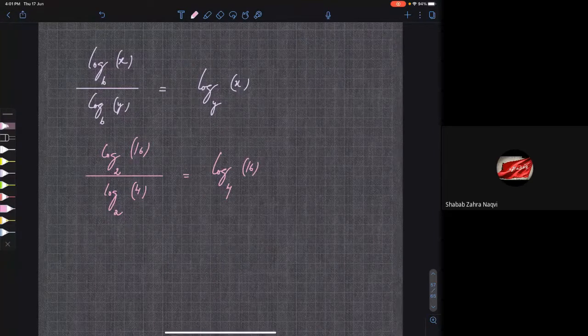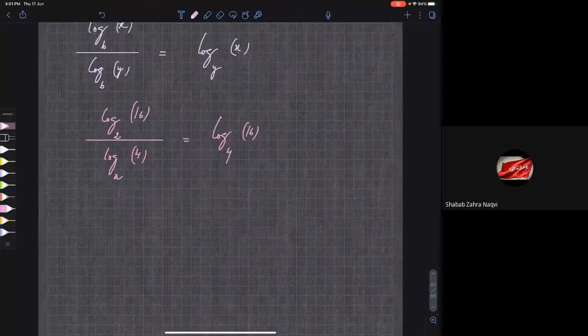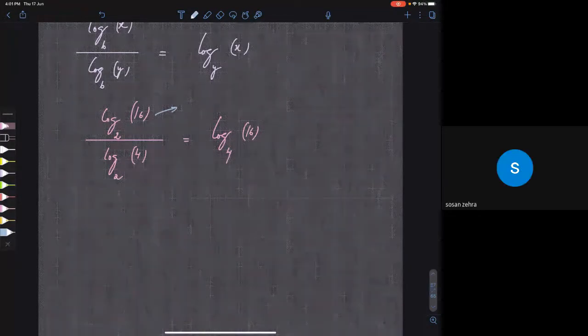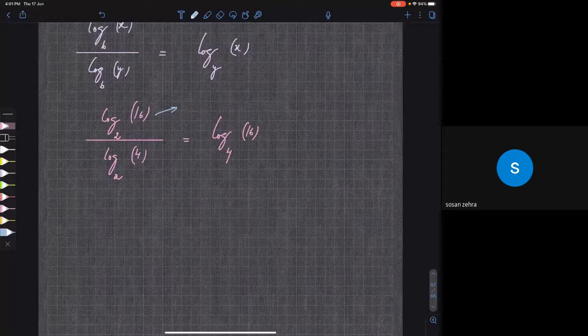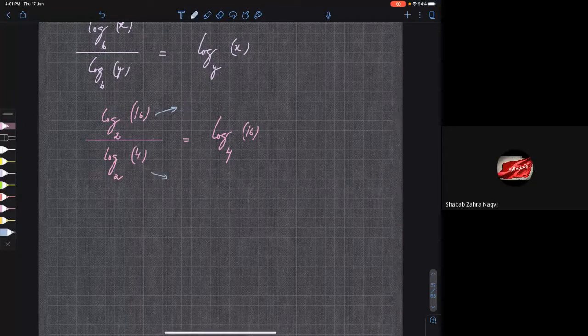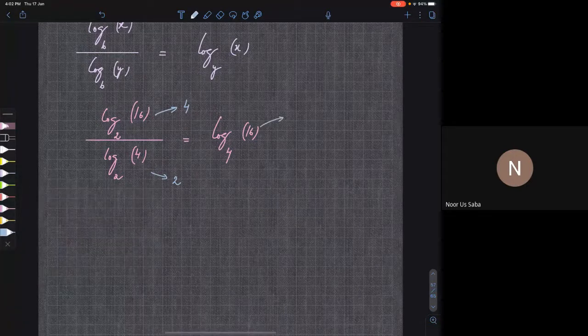Now if you want, you can check the values. What is the value of log of 16 to the base 2? 4. What is the value of log of 4 to the base 2? 2. And what about log of 16 to the base 4? This is also 2. So it is making sense, right?